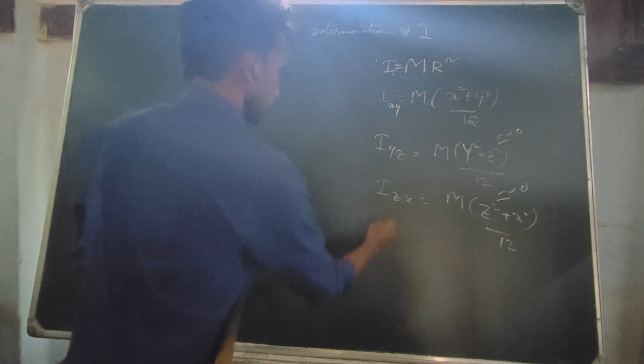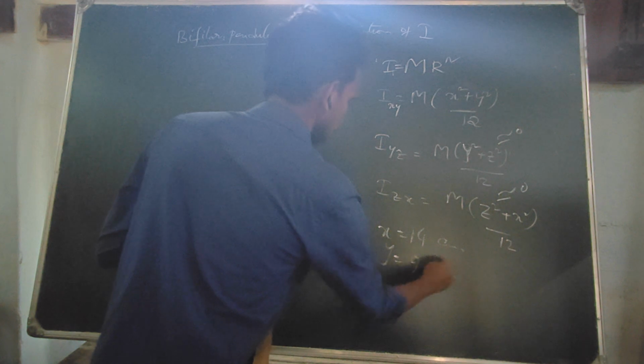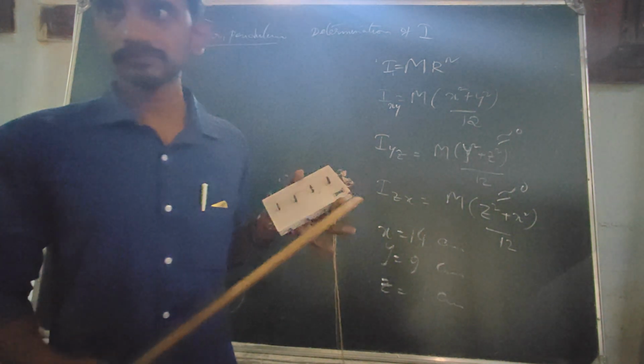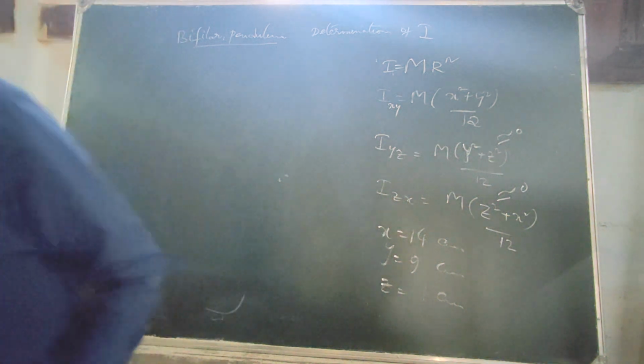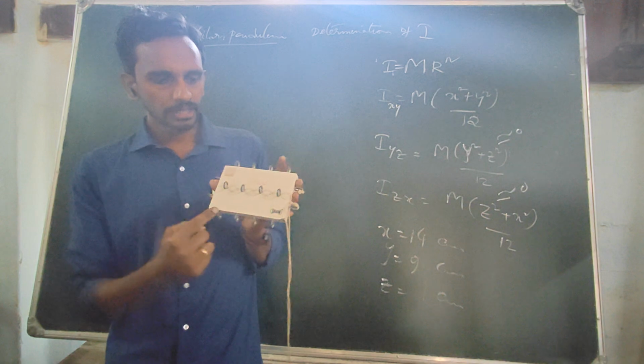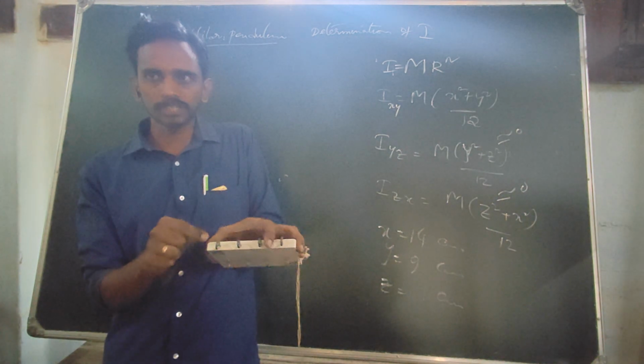So X is 14 centimeters. Y is 9 centimeters. Z is 1 centimeter. Okay. So for this metal slab, X is 14 centimeters, Y is 9 centimeters, Z is 1 centimeter.